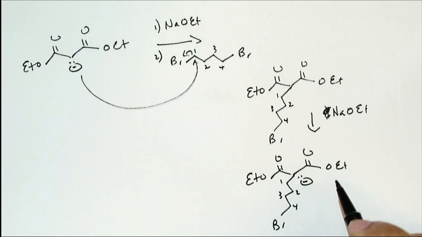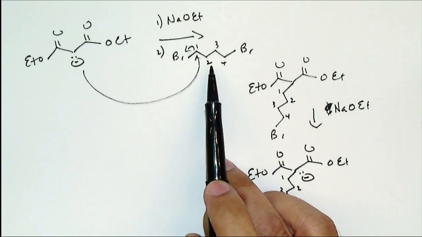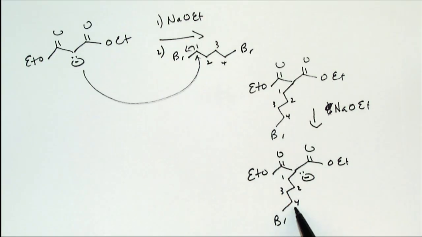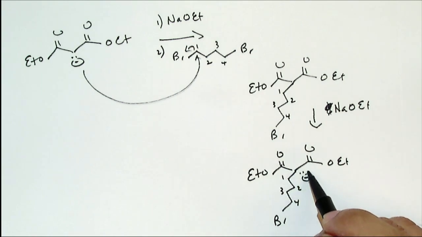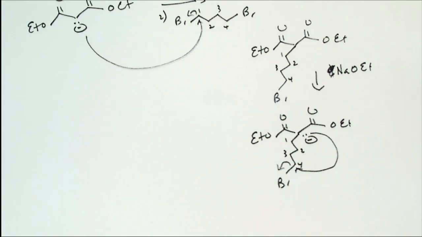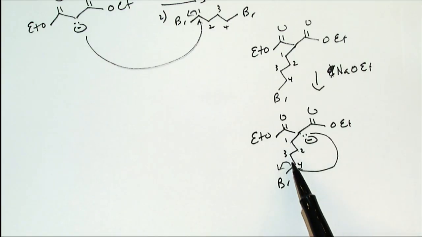I've deprotonated. Now the difference here, when I start off with that dihaloalkane as opposed to just a monohaloalkane, is that this has already an alkyl halide here to be attacked. So this carbon reaches over and attacks carbon number 4, and you kick that out. So you are actually forming a ring. What's the size of that ring? 1, 2, 3, 4, 5.